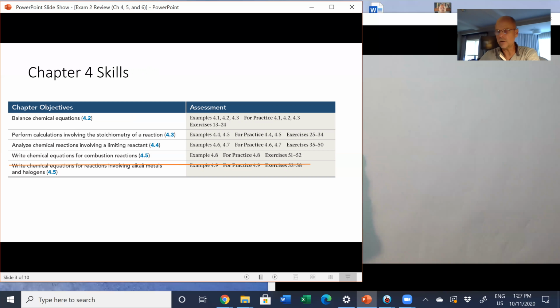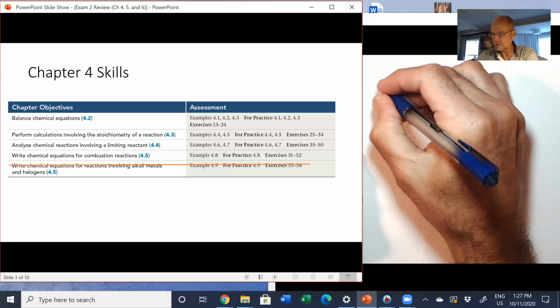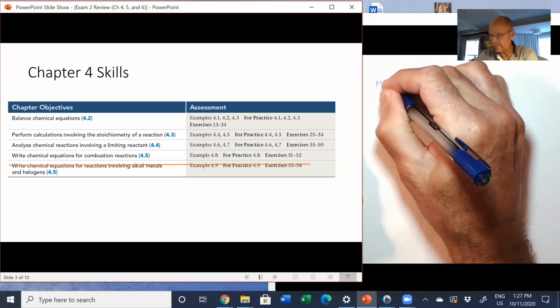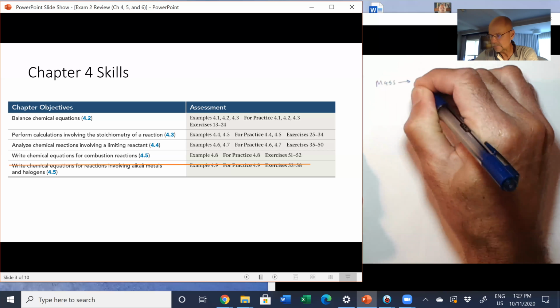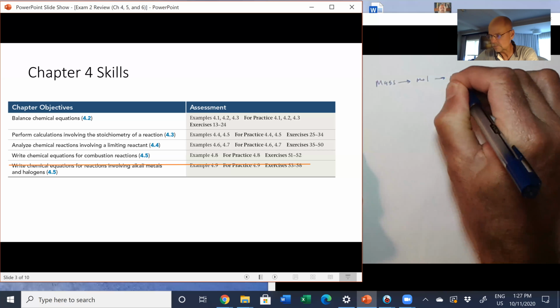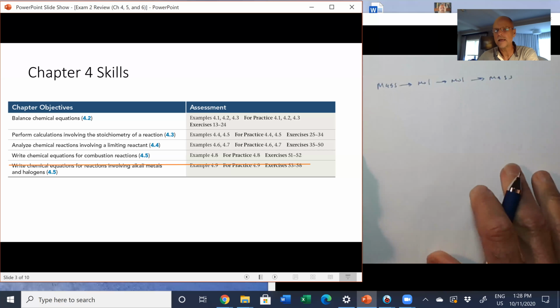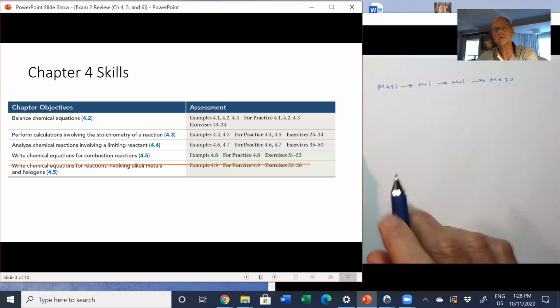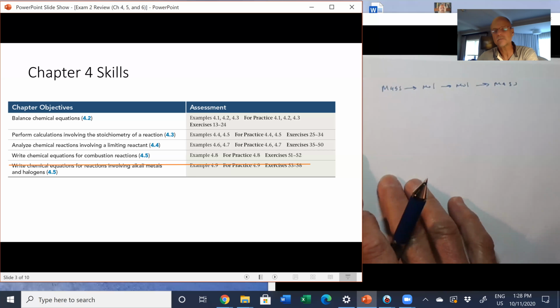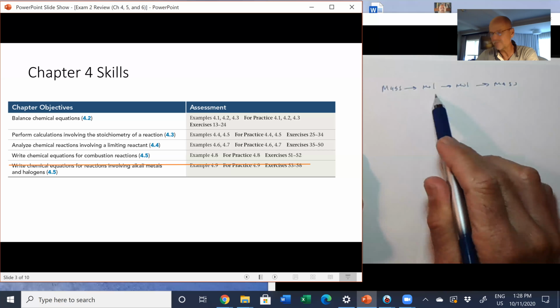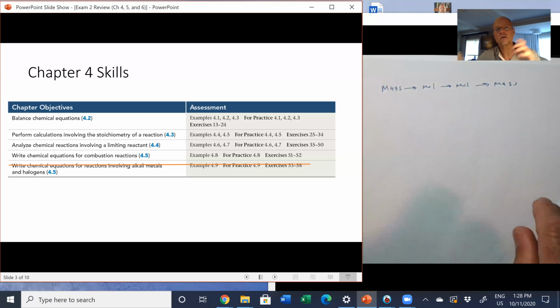Remember, for these kinds of calculations, it goes mass to moles to moles to mass. Mass to mole conversions are done using the molar mass, and the mole to mole conversions are done using the stoichiometric coefficients in the balanced chemical equation.